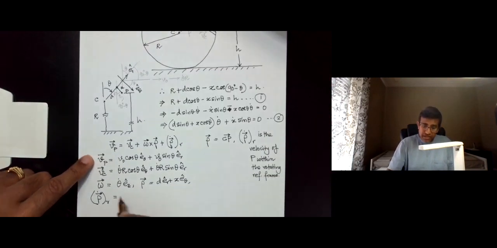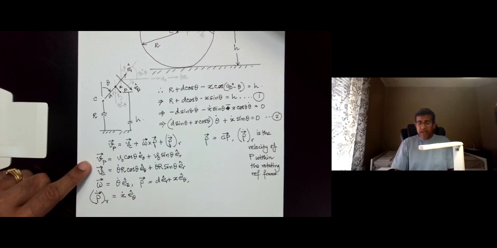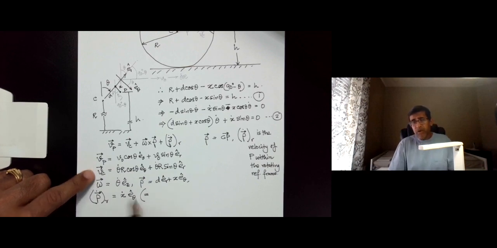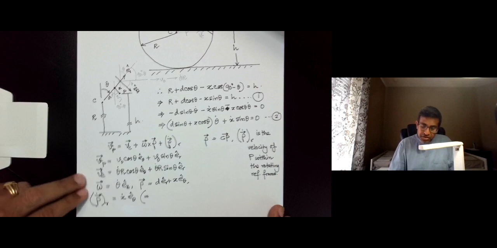So you could say, just from an intuitive understanding, that x dot is equal to rho dot r is equal to x dot e theta. Now you can also formulate this in a more structured manner. And what is that structured manner?